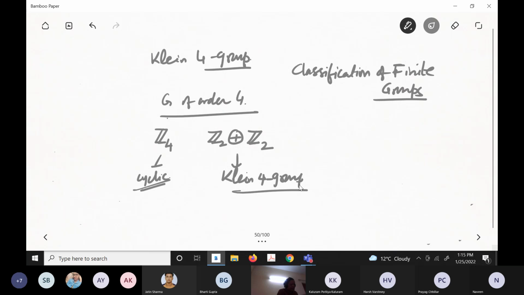So my instruction is, read about quotient groups and quotient spaces, just to understand all this.